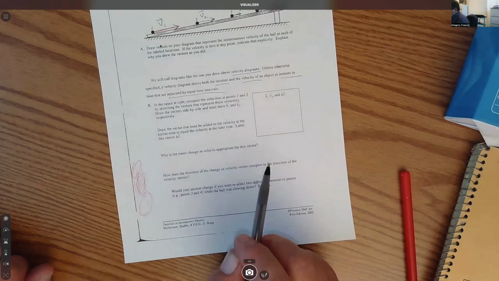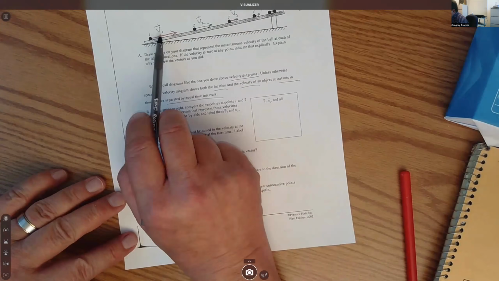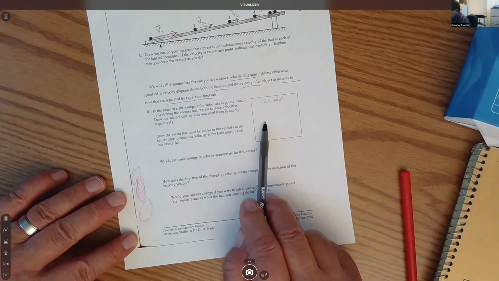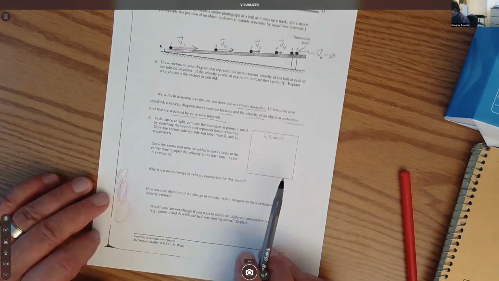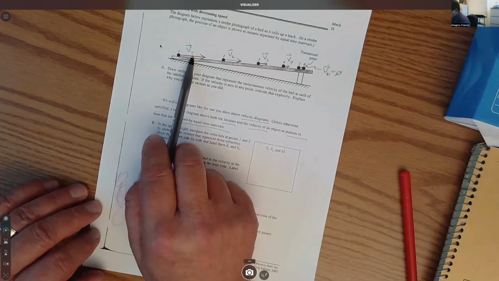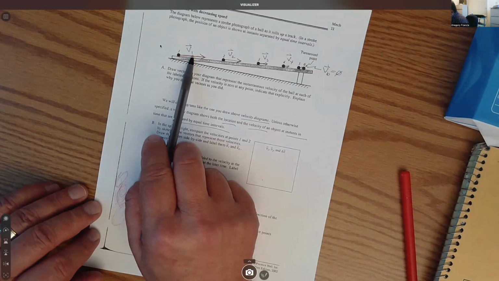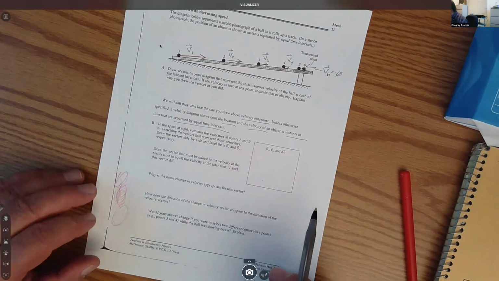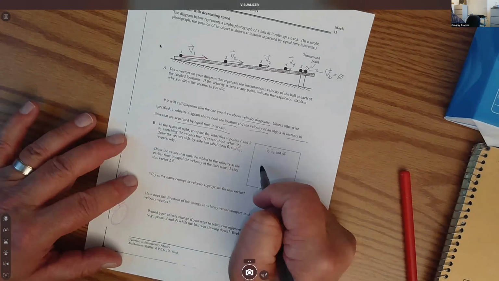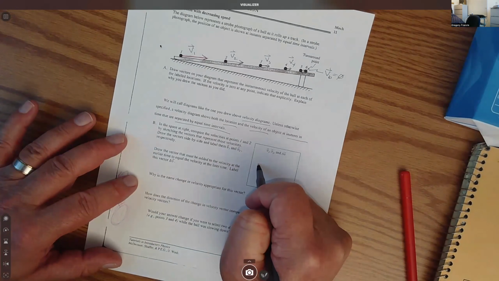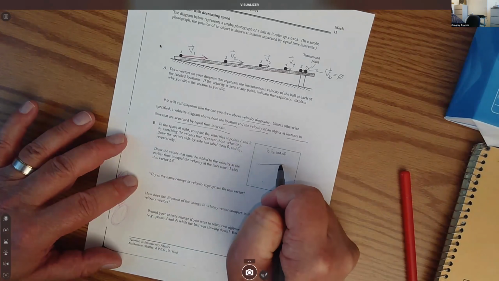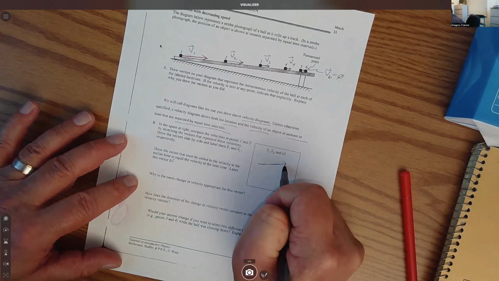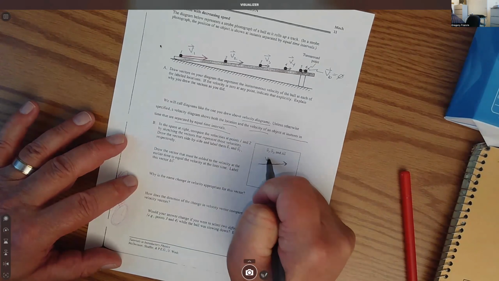If I want to move this vector down to this box, I have to preserve the 2 things that are very special about vectors, namely its magnitude, its length, and its direction. So I'm going to have to draw that vector in a direction that's up the ramp and about the same length as what I have up there.